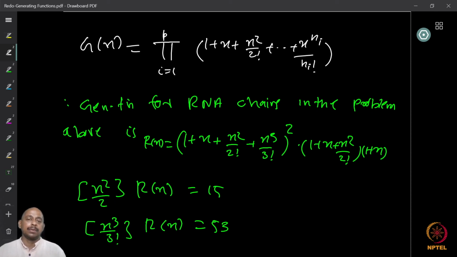If I take x squared by 2 factorial, that tells me that I am choosing 2 copies of the type 1 object. Similarly for each type i, and therefore that is the generating function.